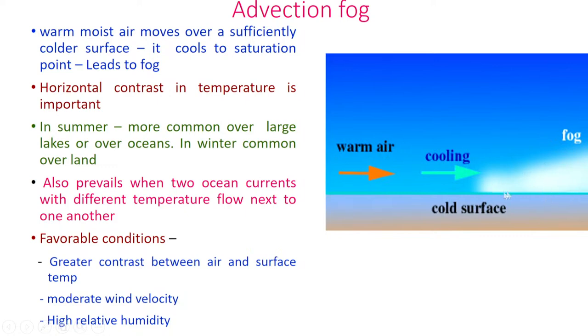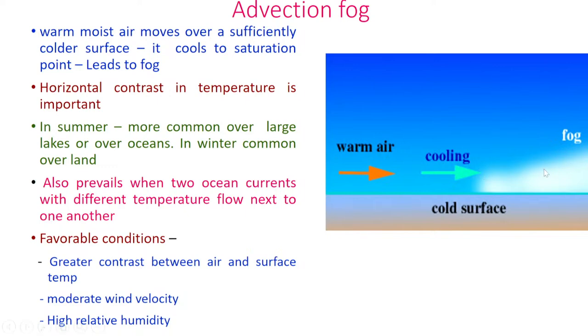Because of the cooling, its RH will start increasing, and if it reaches the dew point, that is if RH has become very high, then condensation may take place, leading to the formation of the fog. The fog formed in this process is called advection fog.